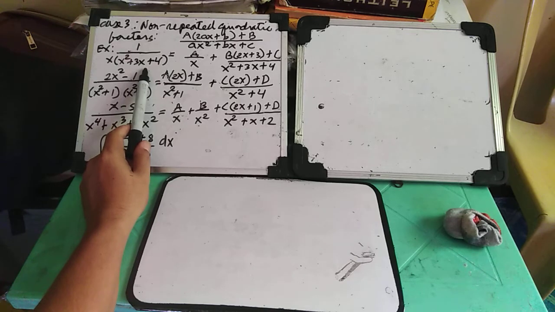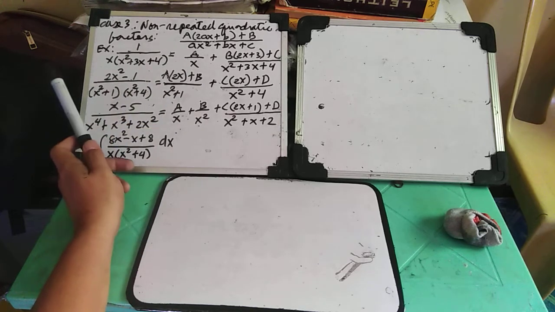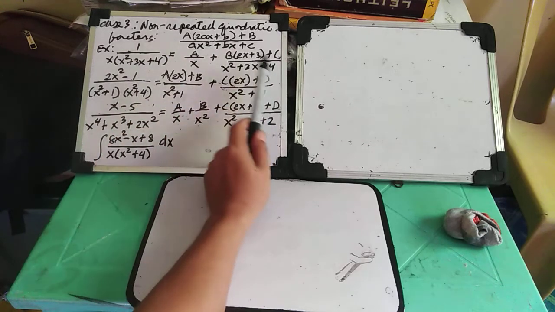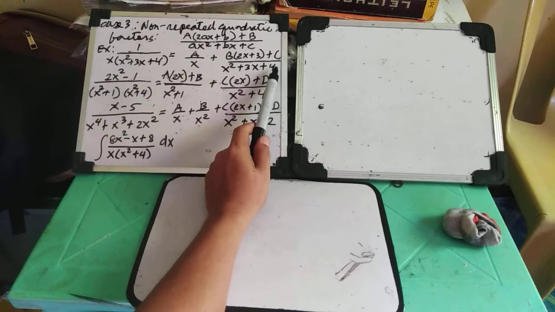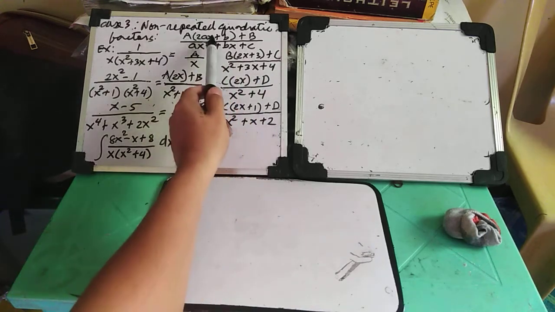Because if it is still factorable to linear factor, then it is not a quadratic factor. So if it is not factorable to linear factor, then we will consider this as a quadratic factor. So that's why on our second term we have B times the derivative.